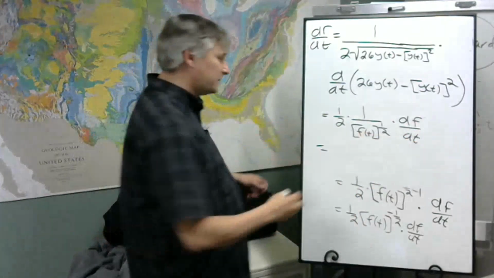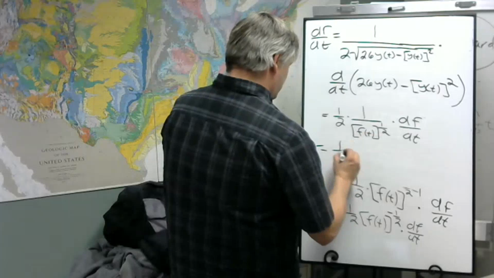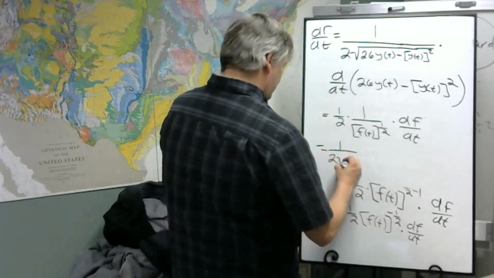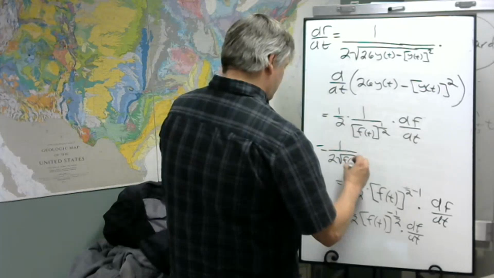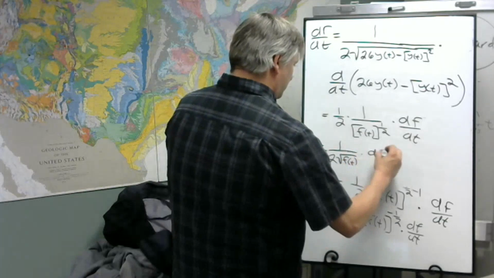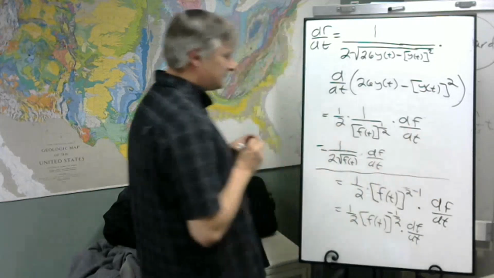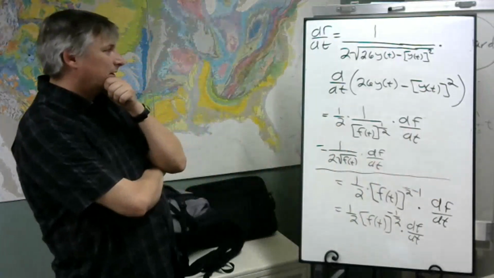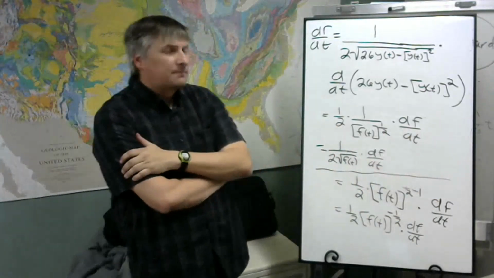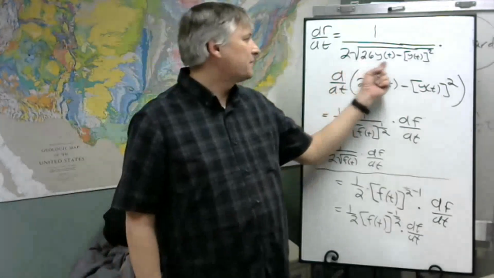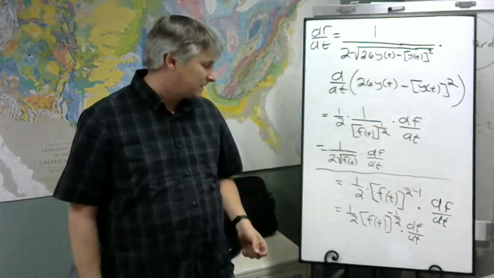And again, that's just the square root. So we get 1 over 2, that's our 1/2 here, square root of f of t, times df/dt. So what's happening here? F of t in this case is what's on the inside of the square root.